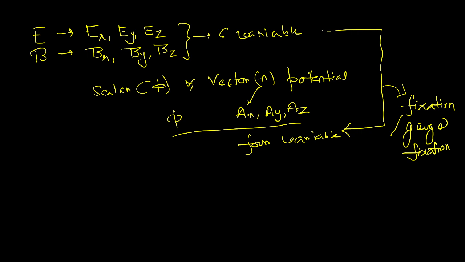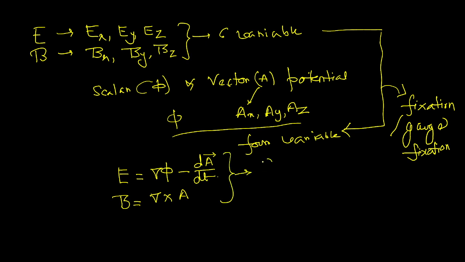With this we can write the electric field as the negative gradient of the scalar potential minus the time derivative of the vector potential, whereas the magnetic field is del cross A. Now to this, the Coulomb gauge adds one thing, and that is known as Coulomb gauge fixation.